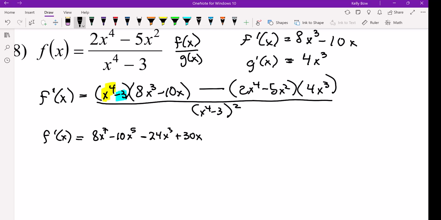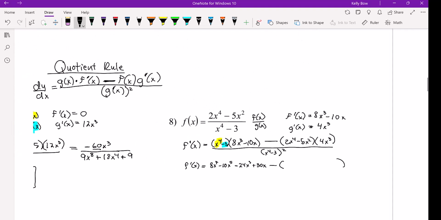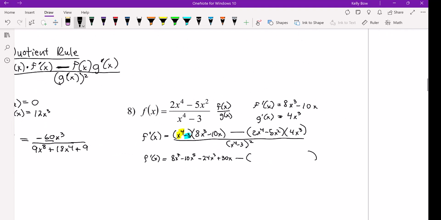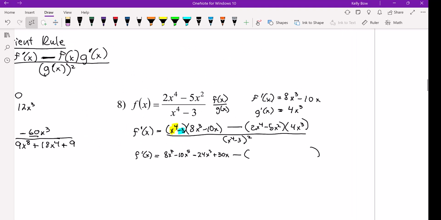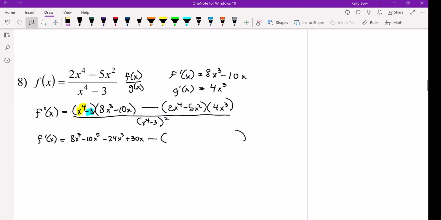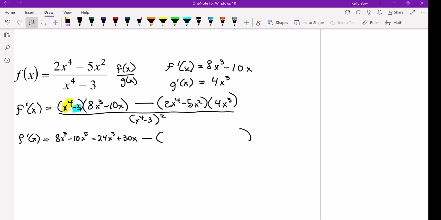Now we're subtracting all of this. Oh, that was just one term. This is going to be more than that.